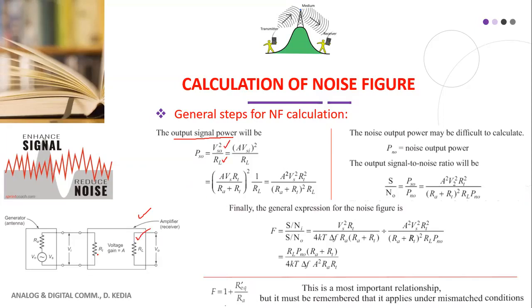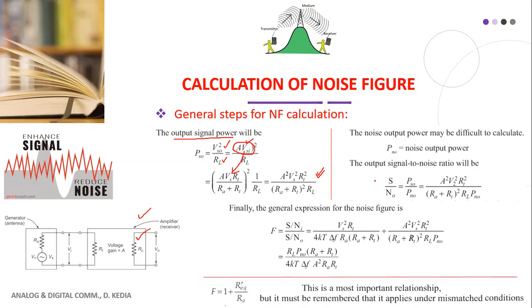If our input voltage is VSI, your output voltage will be gain times the input voltage, A VSI. So very simple. We substitute the value of VSI from the previous expression, and if you solve it, this is what you get as output signal power.